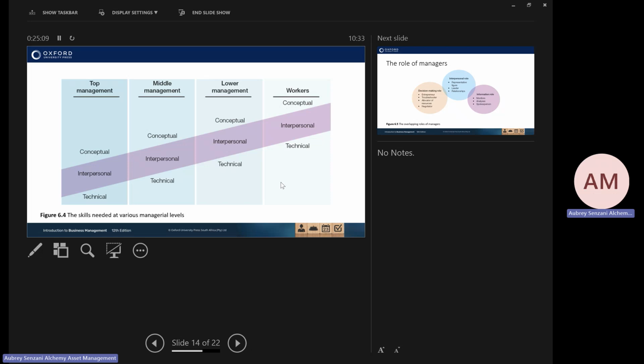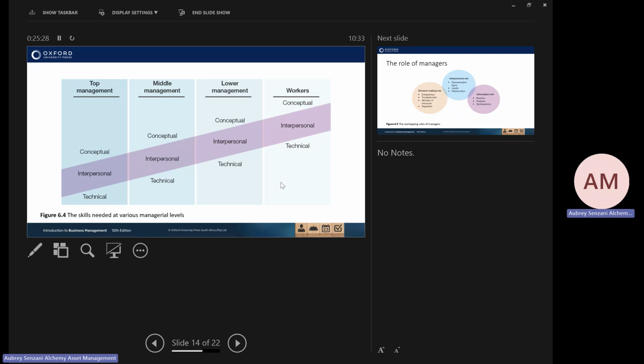Does it make sense? So skills, obviously, conceptual, interpersonal, and technical. And then obviously the roles. Okay. And so for me, I cannot read top management alone. I read it in comparison with what's happening with the others.